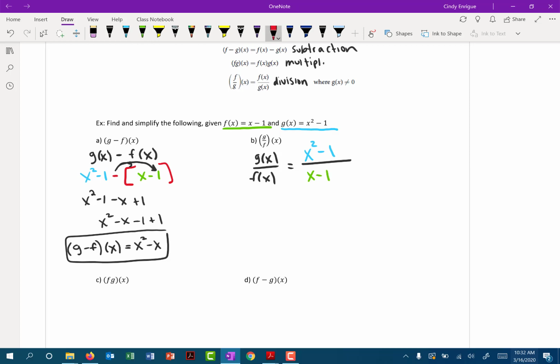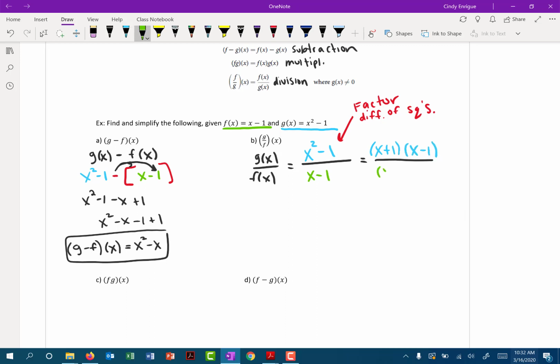I can actually simplify this further by factoring my numerator. Hopefully you see that this is a difference of squares. That means it's going to be factored by its conjugate pairs. So up in the numerator, I will have x plus 1 and x minus 1.